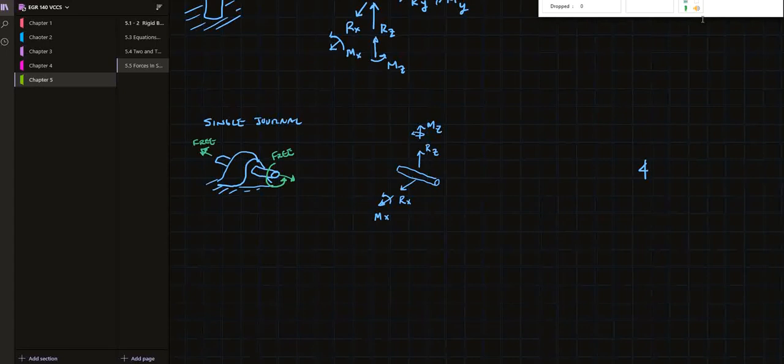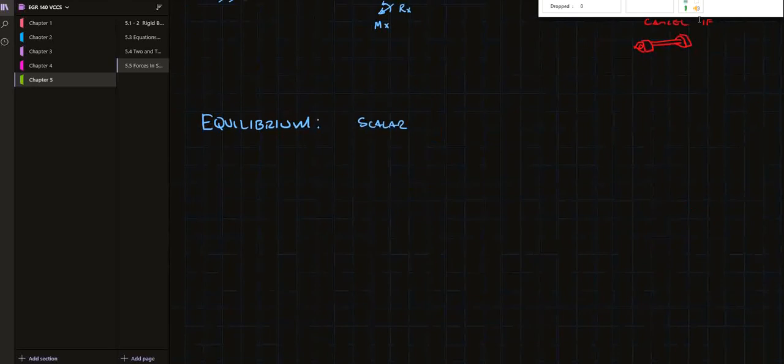Now for all these like this, the couple moments here will cancel if you have multiple bearings. So you don't have to represent those then, so that reduces the number of unknowns. So our equations of equilibrium are pretty much the same.